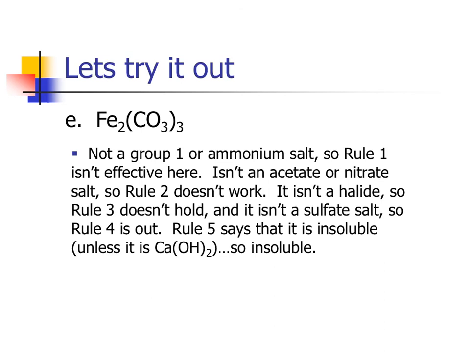It might look very similar, but it's not. It's also not a halide because you have a polyatomic ion present, and it's not SO4. Therefore we would say, oh look, it must be insoluble because rule 5 says it's insoluble. And that's what we look at.